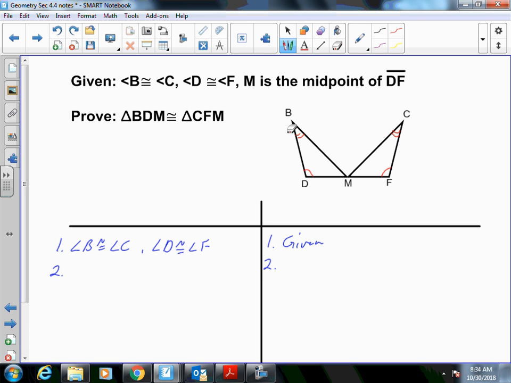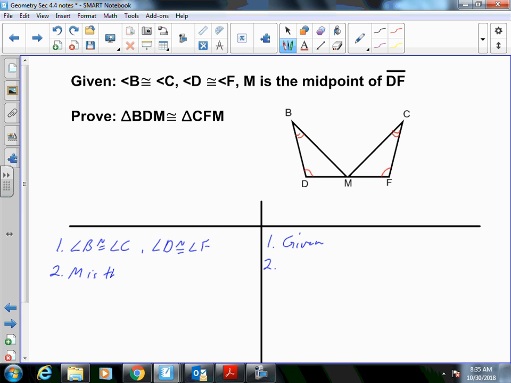We could say that angle BMD and angle CMF are going to be congruent because of the third angles theorem. Remember, if you've got two congruent angles, then the third ones have to be. But at this point, having three angles congruent doesn't prove that triangles are congruent. So that wouldn't be a beneficial move. So I'm going to go ahead and bring in the other part of the given.